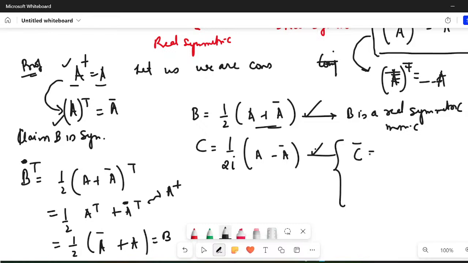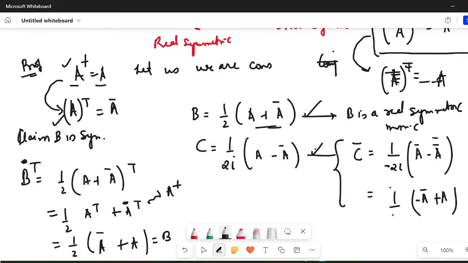If I take a conjugate of it, I'll get 1 upon minus 2 iota times A conjugate minus A conjugate conjugate, which becomes A conjugate minus A. Let us take this negative common, so this will become 1 upon 2 iota times A minus A conjugate.